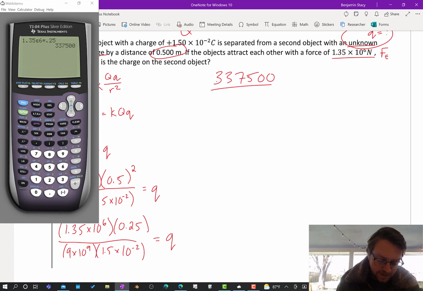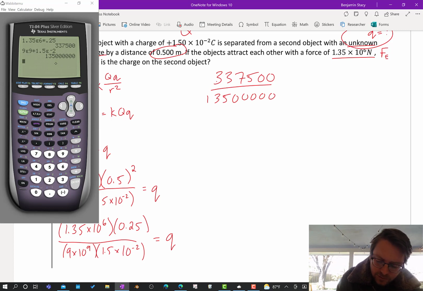Downstairs I got 9 times 10 to the 9. Remember the capital E means times 10, so the number that comes after is just the exponent in our calculator, so that's 9 times 10 to the 9 times 1.5 times 10 to the minus 2. And quite a large number that I have here, so I probably would like to have this calculator give me the output in scientific notation.